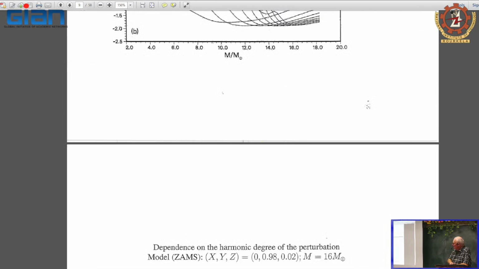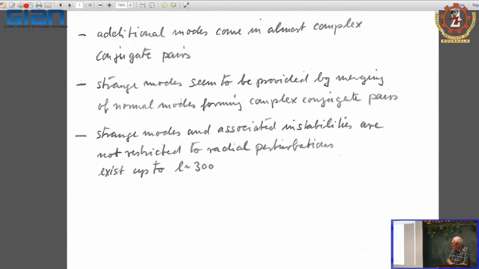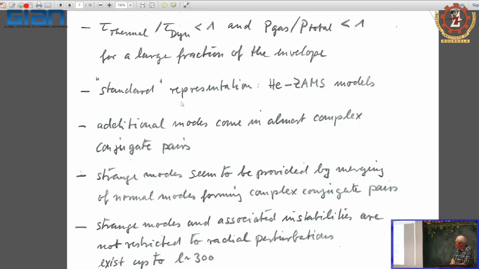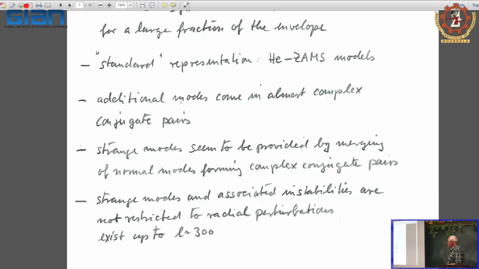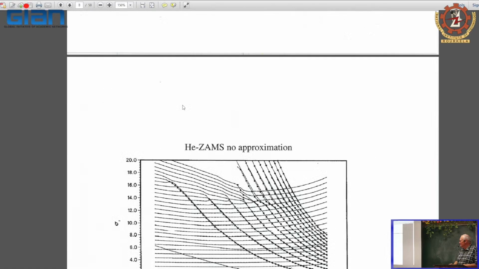Okay, so the result of this study may be summarized. To summarize, the additional modes come in almost complex conjugate pairs. The strange modes seem to be provided by pairing of normal modes and form complex conjugate pairs, and the strange modes and the instabilities are not restricted to radial perturbations, but occur up to a harmonic degree of about 250 to 300.